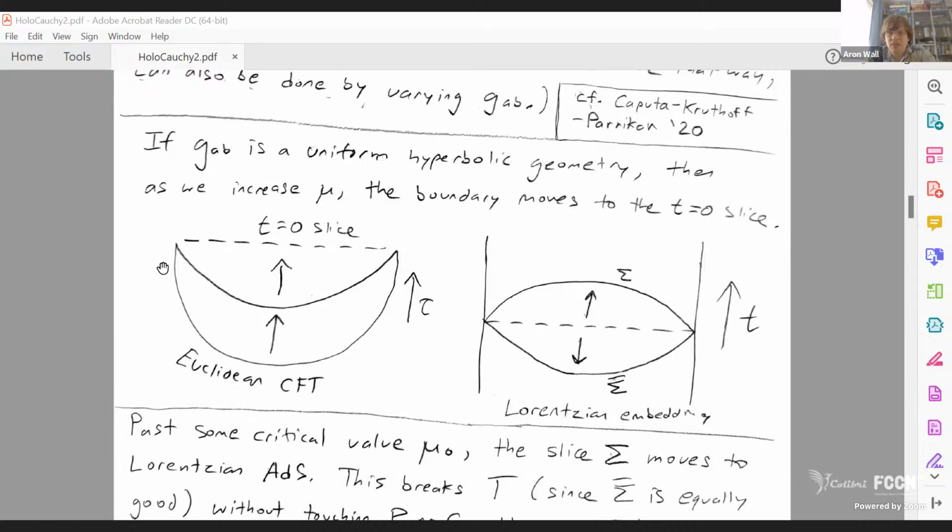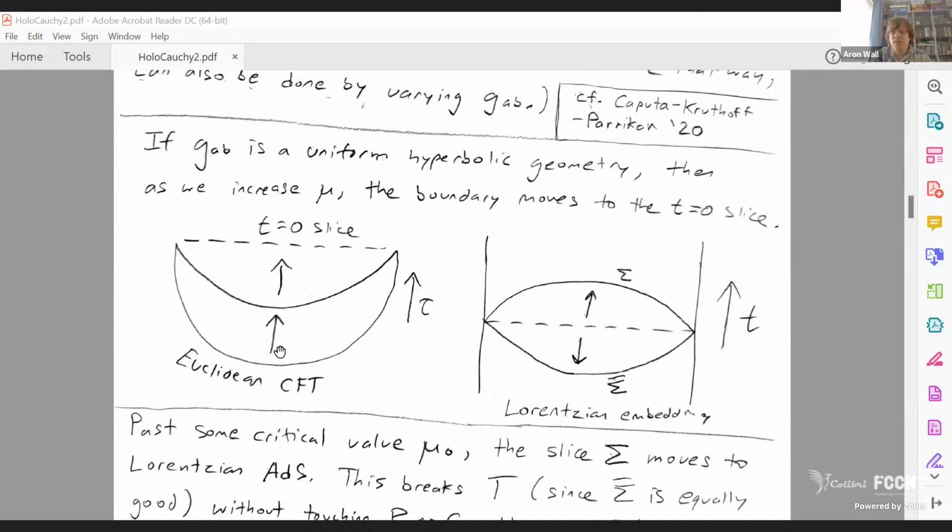Okay, now let me show you the geometry of how this works. One nice example is if we pick g_ab to be a uniform hyperbolic geometry. If you imagine you put N=4 super Yang-Mills on a sphere, I take half of that sphere, that's conformal to a hyperbolic metric. So I start with the Euclidean CFT on this hyperbolic metric. I turn on the irrelevant coupling.